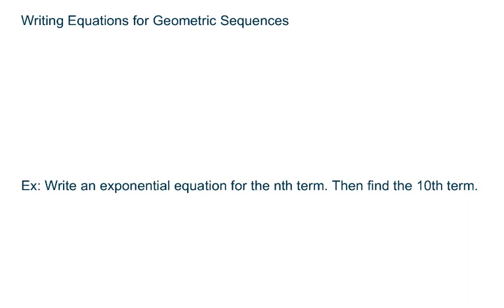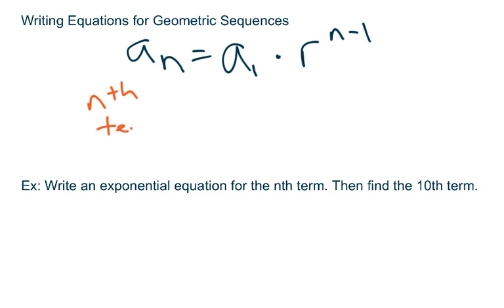For writing equations for geometric sequences, here's your formula. a sub n, that's the nth term, is equal to a sub 1 times r to the n minus 1 power. Now I'm going to elaborate on what the variables stand for. a sub n is your nth term.